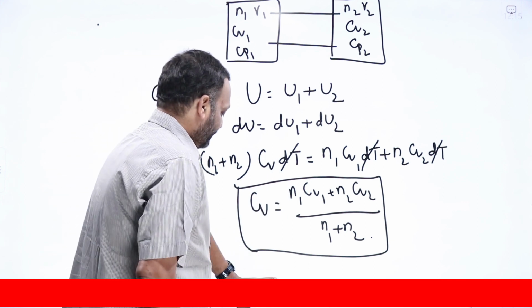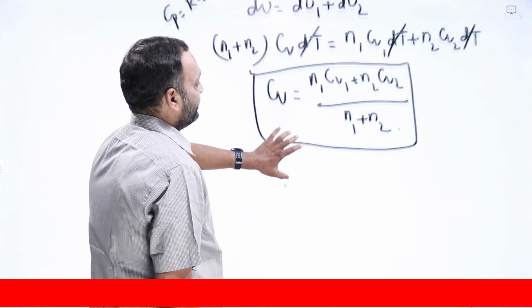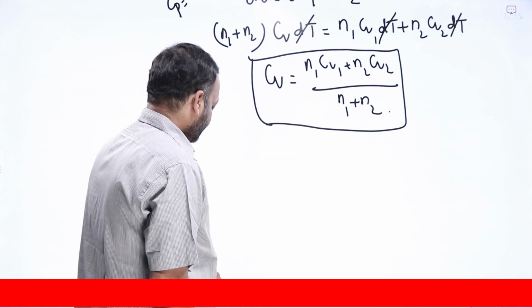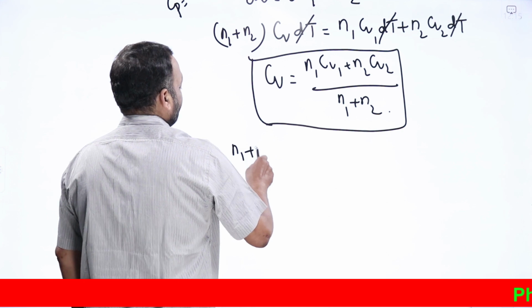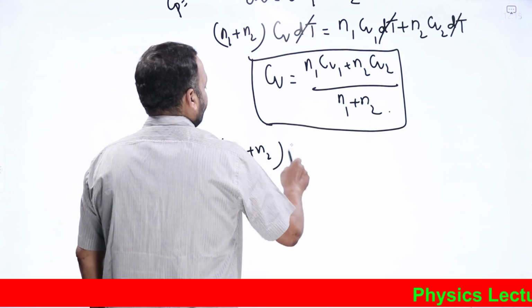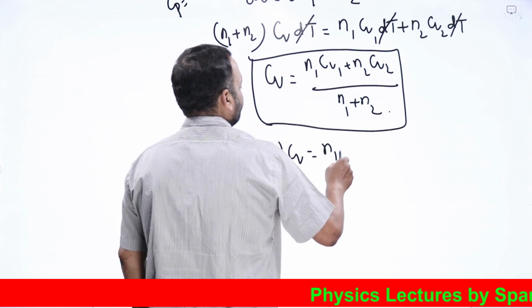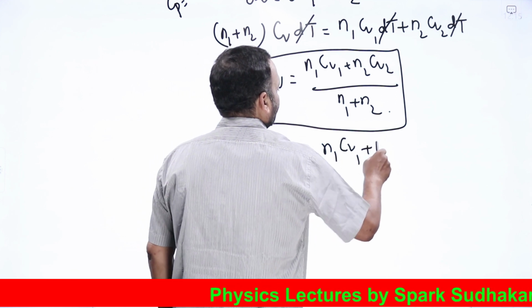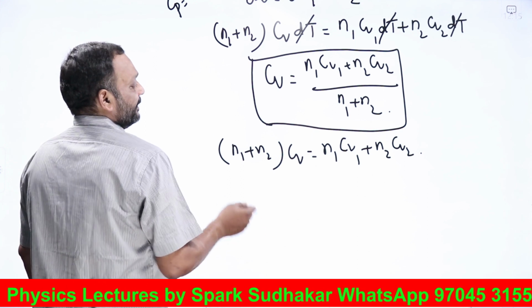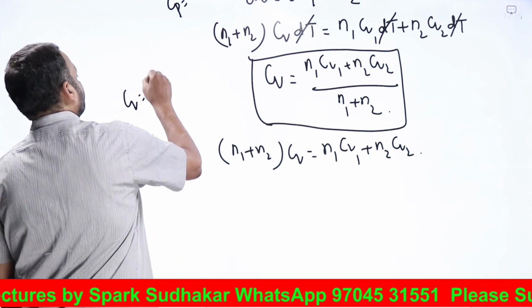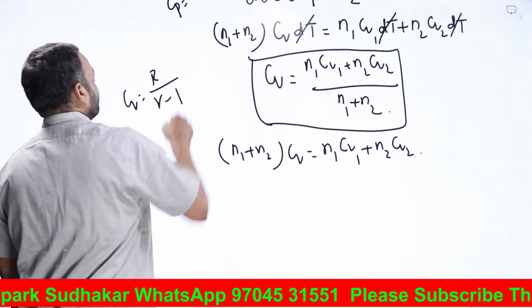How? Let us see here. We can do this in two ways. First method is, bring that N1 plus N2 to this side: N1 plus N2 into CV is equal to N1 CV1 plus N2 CV2. In the last video we have seen the relation CV is equal to R by gamma minus 1.